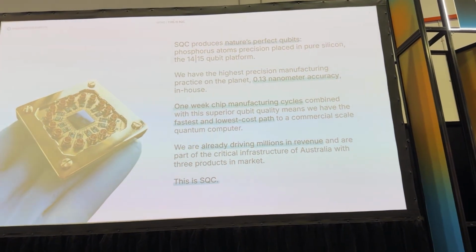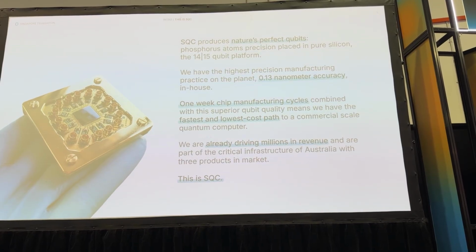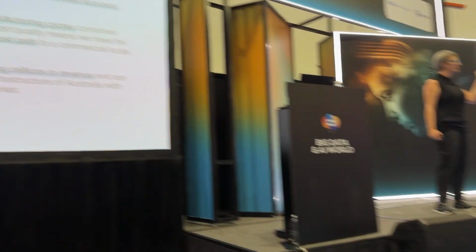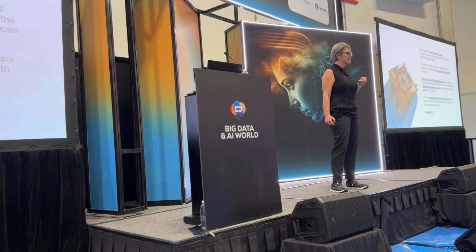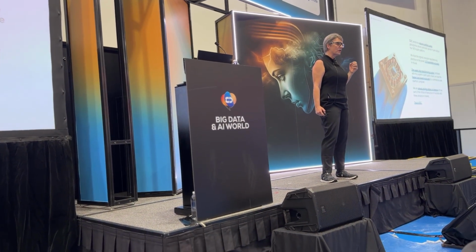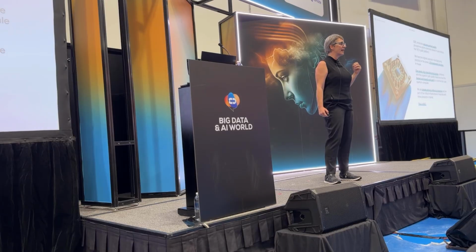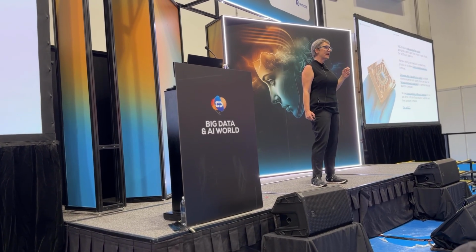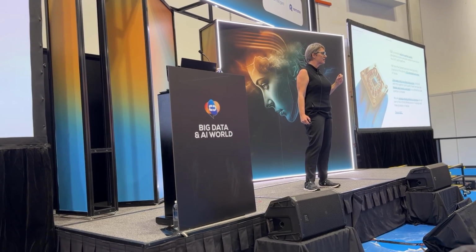In 2015, we set up the first quantum computing company. So Silicon Quantum Computing was launched in May 2017, and we're using individual phosphorus atoms in silicon as our qubits. They're very high quality. We call it the 14/15 platform for element 14, silicon, and element 15 of the periodic table. And we manufacture with 0.13 nanometer precision.